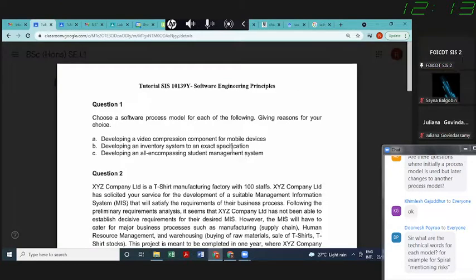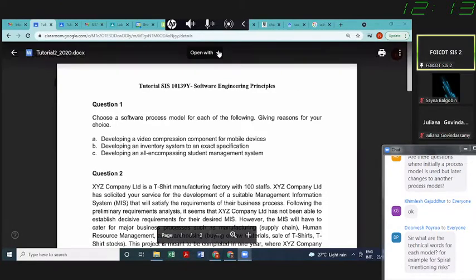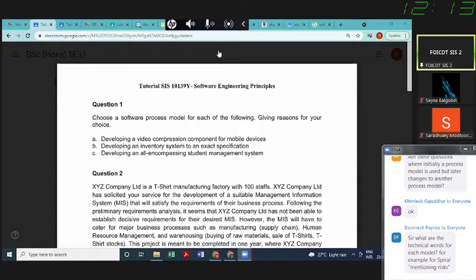Yes, the question in the chat. What are the technical words for each model? I think we need to get this from the lecture notes itself. For example, if we talk about stable requirements, then very often it's waterfall.